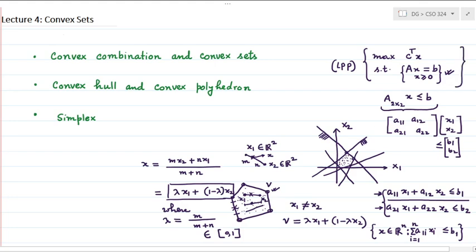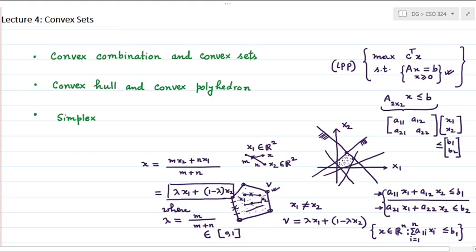We note the following: the feasible set of a standard linear programming problem is a polygonal region in R2 if x is having just two components, or x is two dimensional. In that case, obviously it is a polygonal region, but if we have an x3 variable, then this polygonal region will be a polyhedron region. Fine.